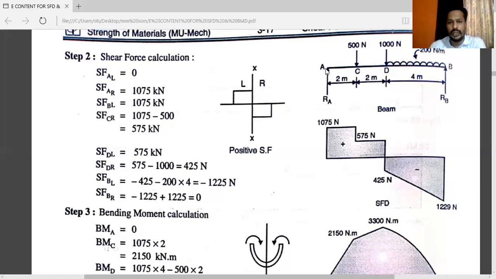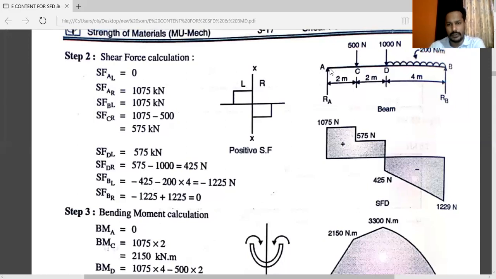Now there is no force towards left of the section. So shear force at point A is equal to 0. You can see here, left side of the cursor, there is no vertical or downward force. So shear force at point A is equal to 0.